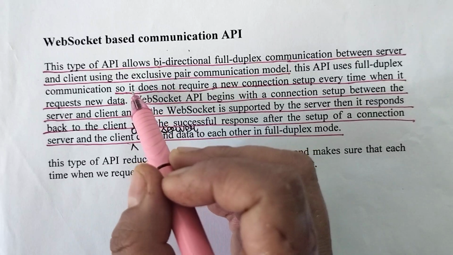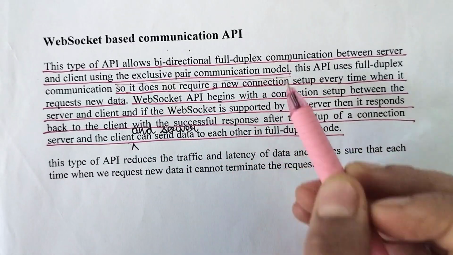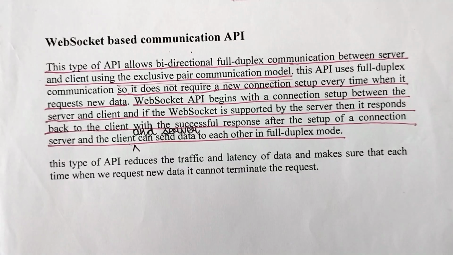Now, in the WebSocket based communication API, the architecture that is used is the exclusive pair communication model. In our previous video also we have studied the exclusive pair communication model. This basically means that the connection between the client and the server is a dedicated connection and it cannot be used by all. It is exclusively used by a particular pair of client and server.